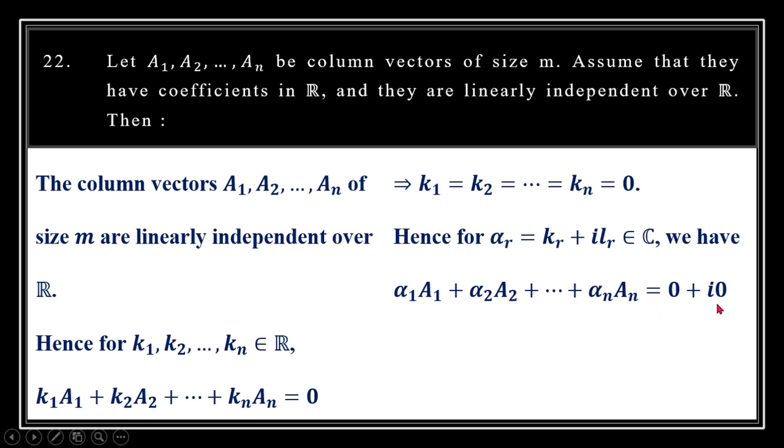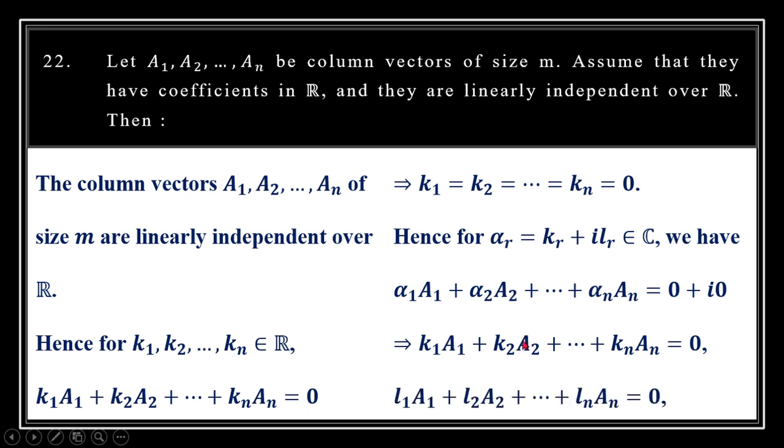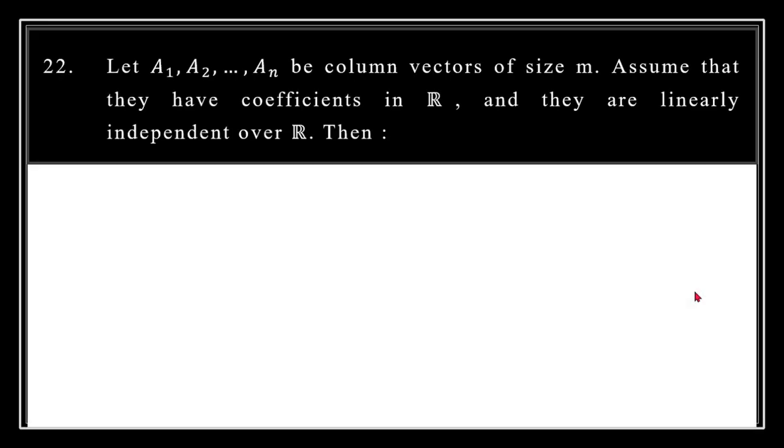And when we compare the real and imaginary parts on both sides, we get k1 a1 plus k2 a2 plus ... plus kn an equal to 0, the real part of the left side equal to the real part of the right side, and l1 a1 plus l2 a2 plus ... plus ln an equal to 0. That means the imaginary part of the left side equals the imaginary part of the right side, where k1, k2, ..., kn, l1, l2, ..., ln are real numbers.